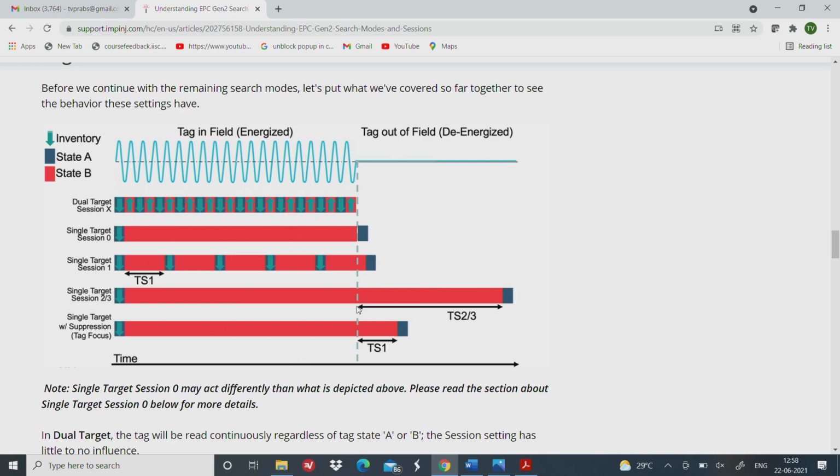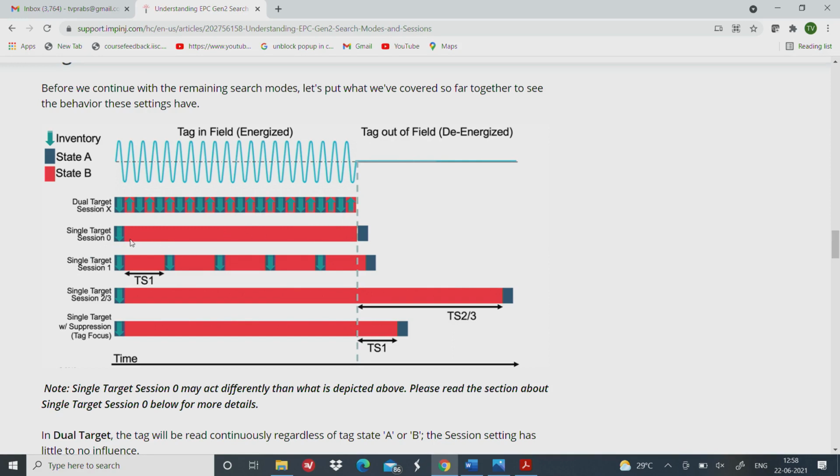So these are the things that you can easily use in a very nice manner. For example, let us say a smart shelf application. In the smart shelf application, the reader which is mounted to the rack can be set to single target.